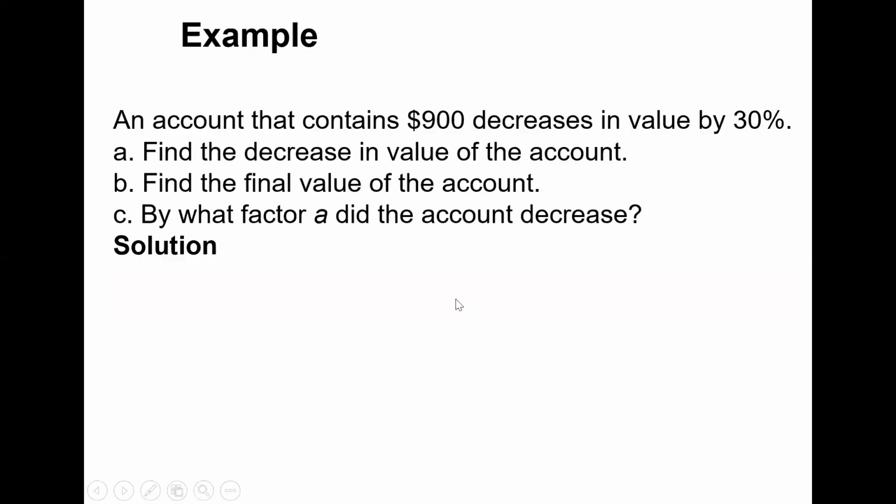All right, so here it says an account that contains $900 decreases in value by 30%. Find the decrease in value of the account, find the final value of the account, and by what factor a did the account decrease. Well, if the amount is 900 and we're decreasing by 30%, r has to be negative, because we're decreasing, and we convert that to a decimal, which is 0.3.